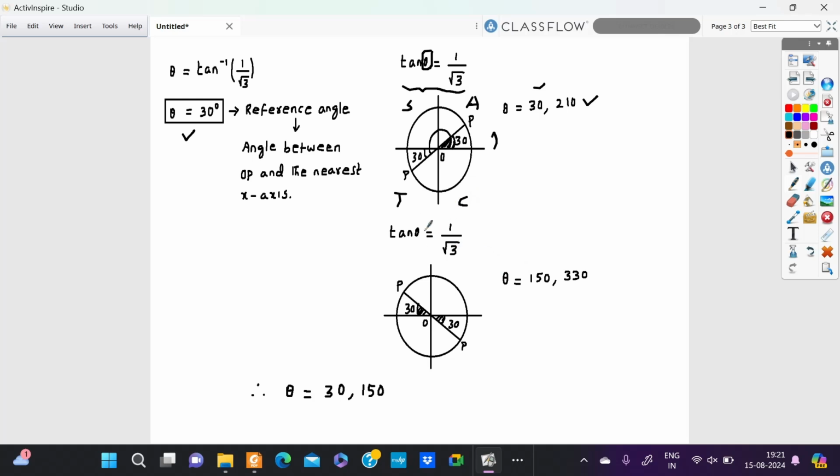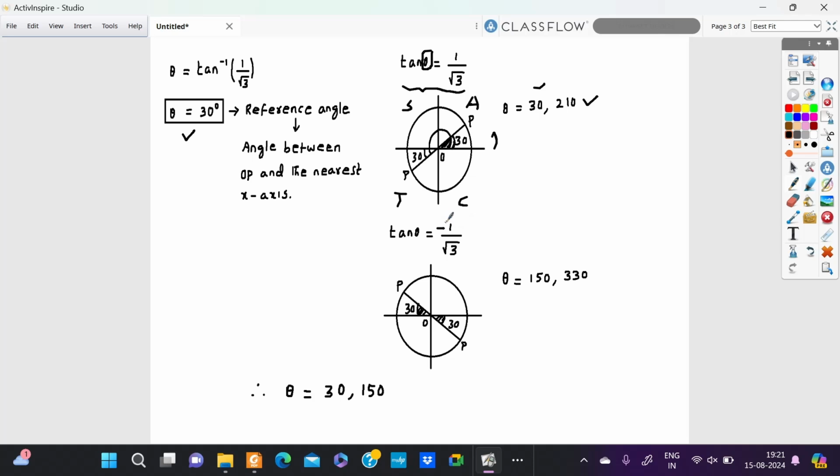The next equation is tan theta is equal to negative 1 over square root of 3. Here, to find the reference angle, always try to avoid the negative sign. Sometimes you might get an obtuse angle, but we are looking for an acute angle.